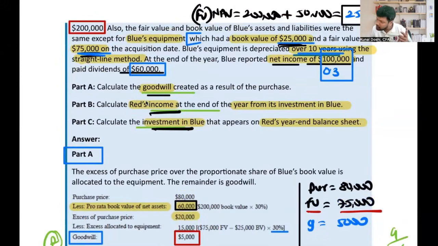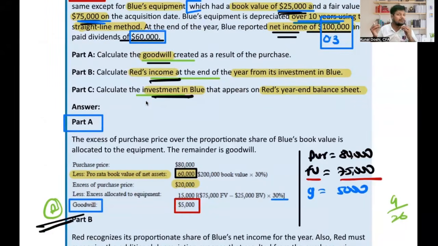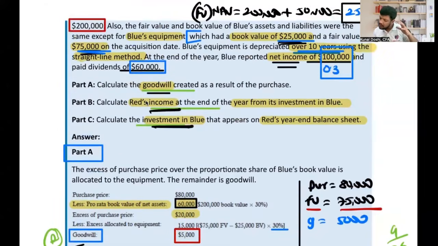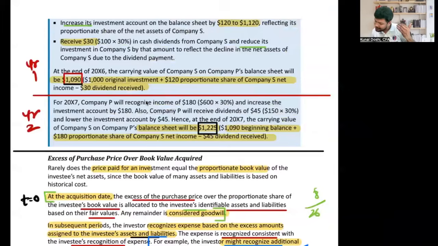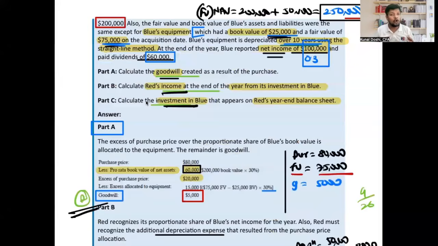Yes, Blue's net income they've given me is 100,000. So how much from that company will be added to our company? Remember, at the beginning, Red company purchased, so Red is taking over Blue. They have asked us to calculate Red's income at the end of the year from its investment in Blue.